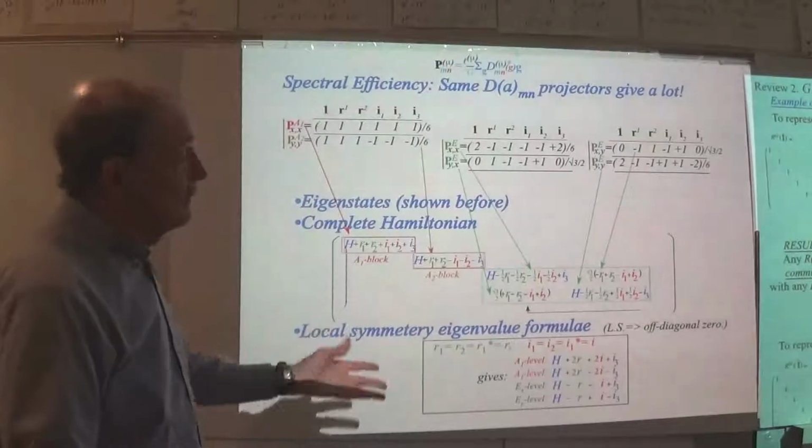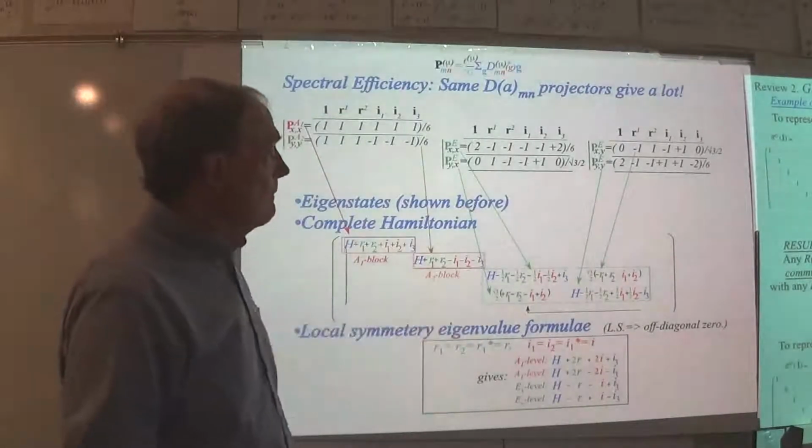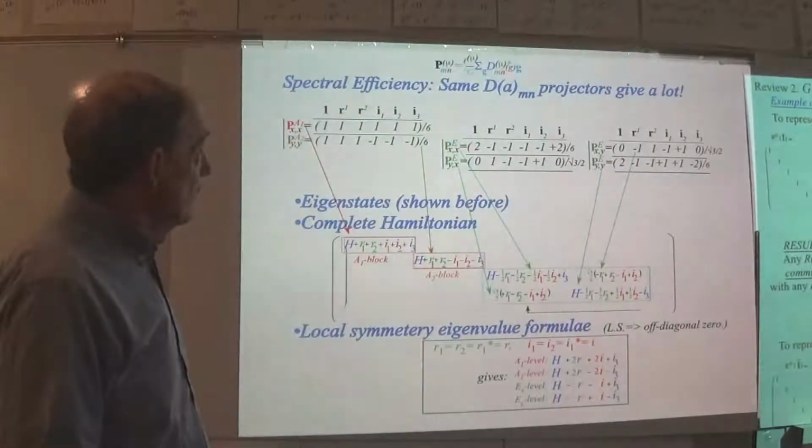This is another statement of it that just sort of sums it up with the matrices, the eigenstates.